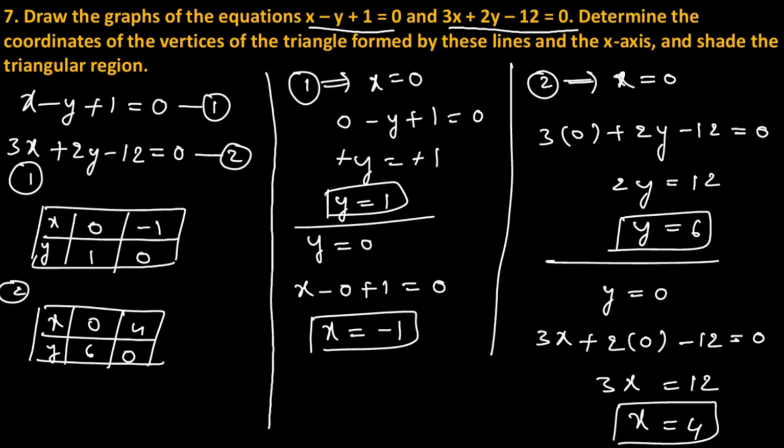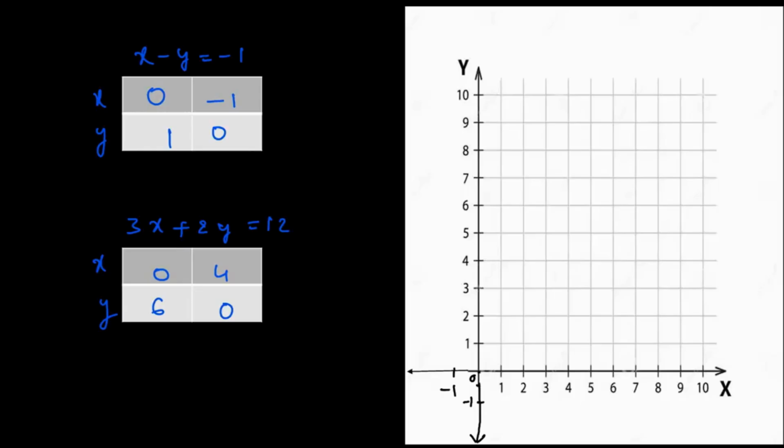Let's draw the graph. So here, it is our first equation. It is our second equation. Let's point out our vertices of the triangle. In the first equation, when x is equal to 0, y will be 1 on the y-axis. When x is equal to minus 1, y is equal to 0. So negative x-axis. Join these two.